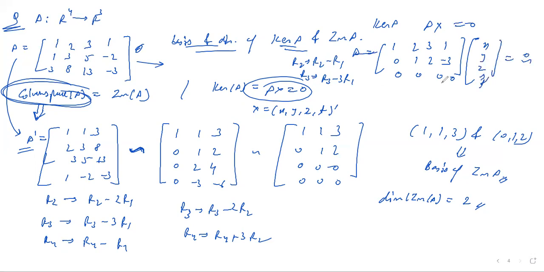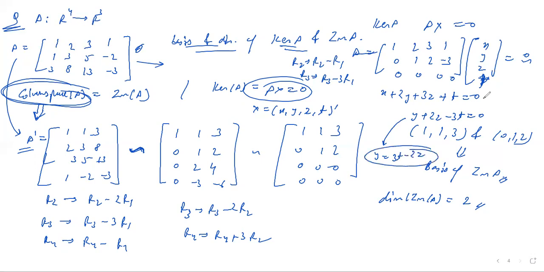From this I got the equations: x plus 2y plus 3z plus t equals 0, and the second equation is y plus 2z minus 3t equals 0. So from this I got y equals 3t minus 2z, and x I get by substituting y here.